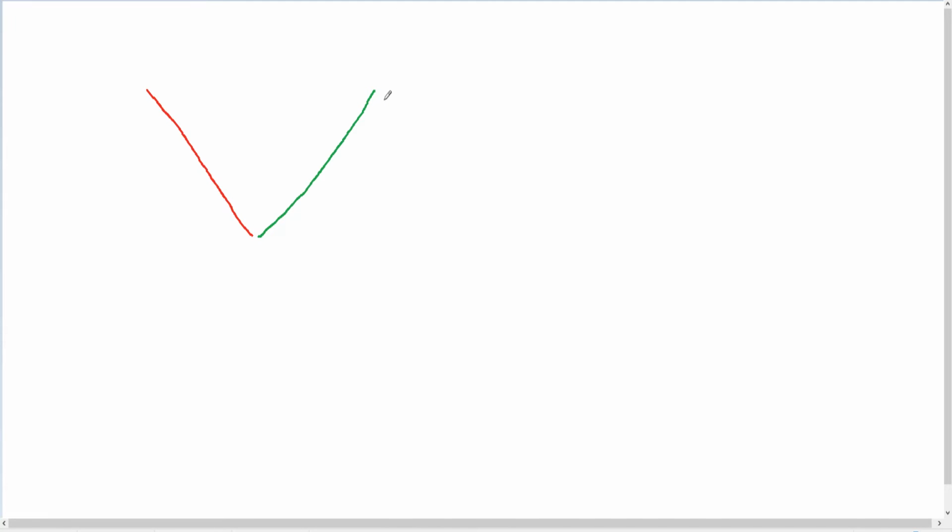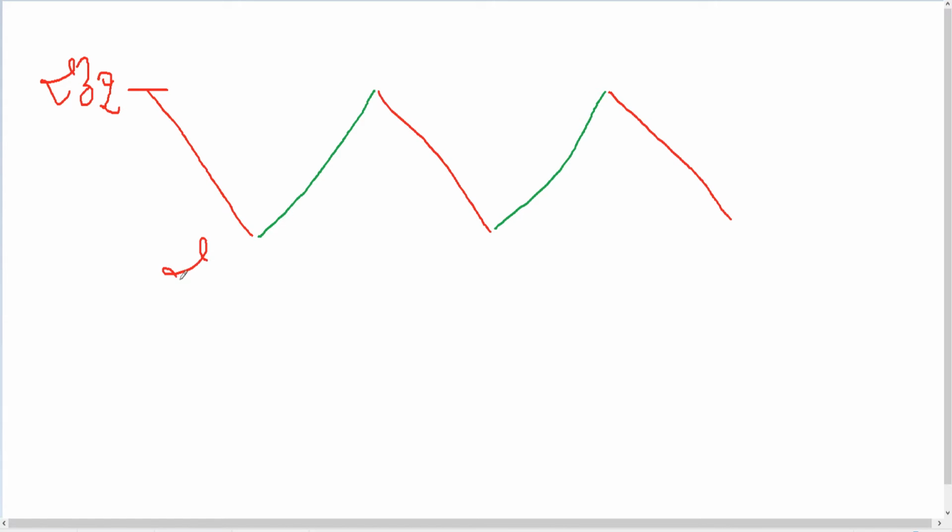I just show you what's going on. 1, 2, 3, 4, 5. This is what we saw. Now, here 230, and here we have $2 going up.